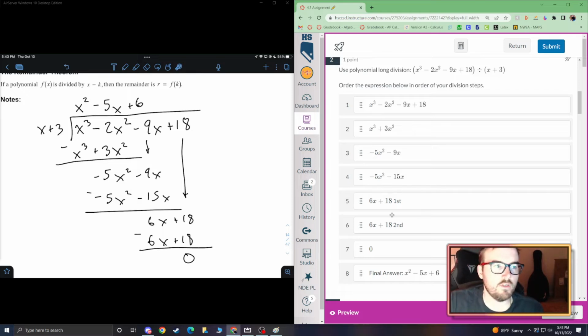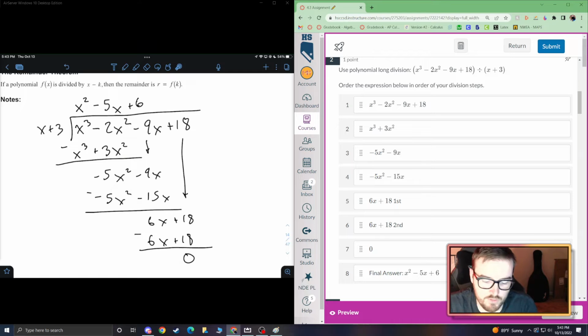Let's contemplate for a moment while I have this problem up. What is the significance of the fact that we get a remainder of 0? Maybe you can ponder that for a moment. What are we discovering, if you will?